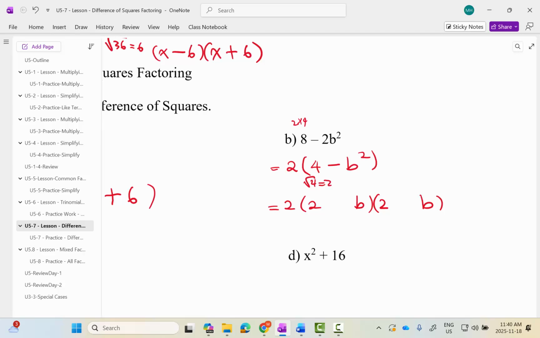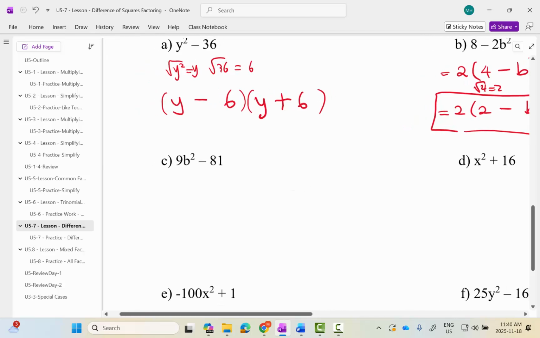But one has to be what? Negative, one has to be positive. Is everyone okay? So that's it. That right there is the fully factored form of 8 minus 2b squared. Okay, so everyone understand that? Yes? Okay. All right, let's try C then.